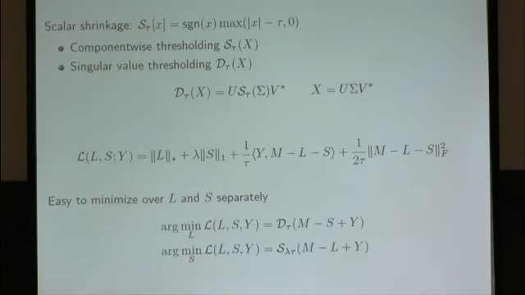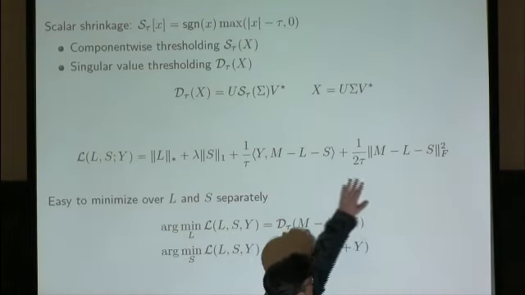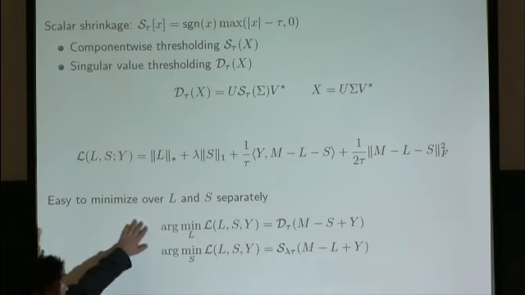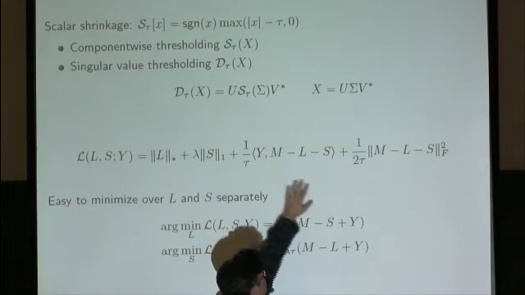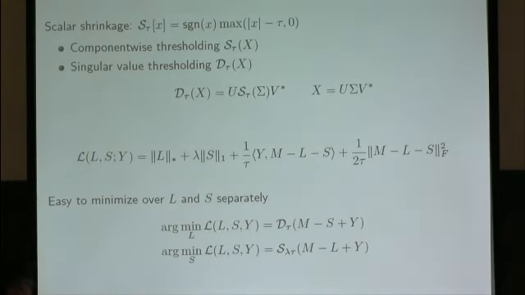The point is that it's easy to minimize over L and S separately, because the minimizer over L is the prox function of the nuclear norm, given by singular value thresholding. The minimizer over S is given by the prox function of the one norm, which is entry-wise soft thresholding.